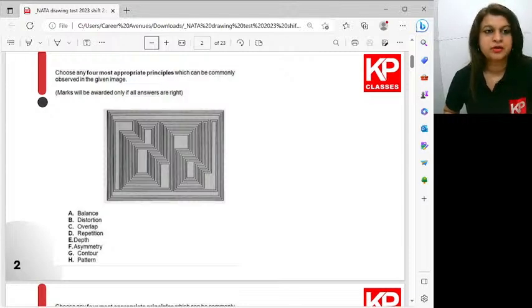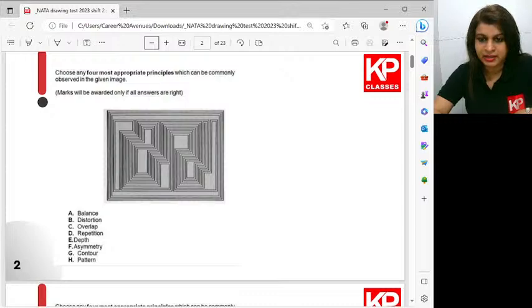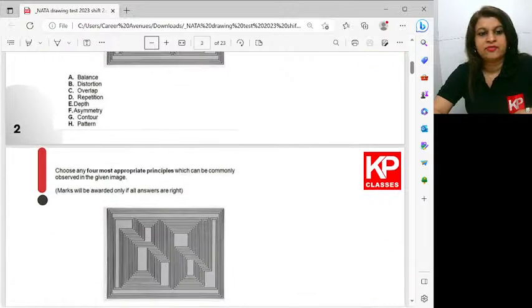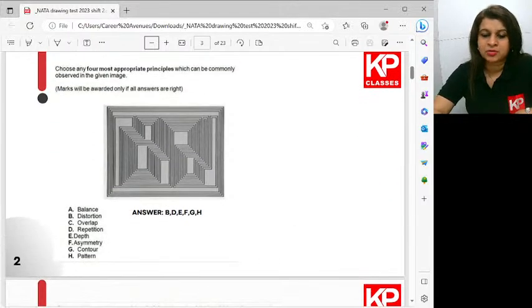Marks will be awarded only if all the answers are right. Okay, so we have an image right in front of us, and there are certain principles and elements of design which we have already studied about, right? And you have to find out what is the principle and element of design that we can see over here.